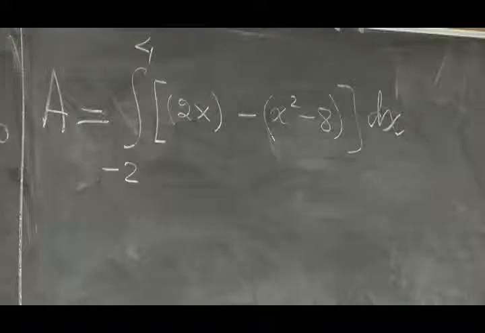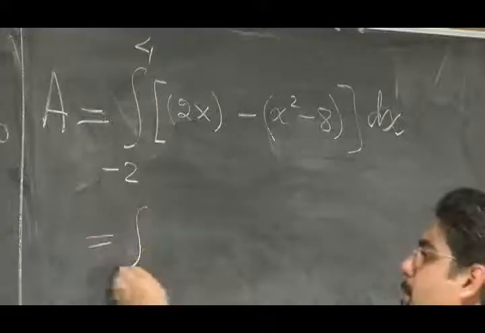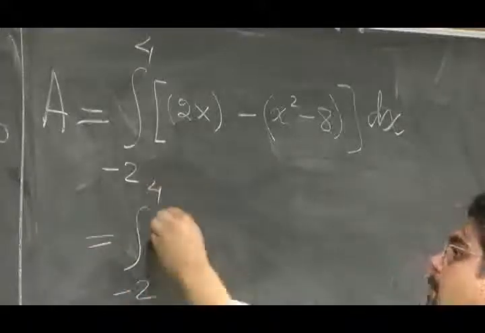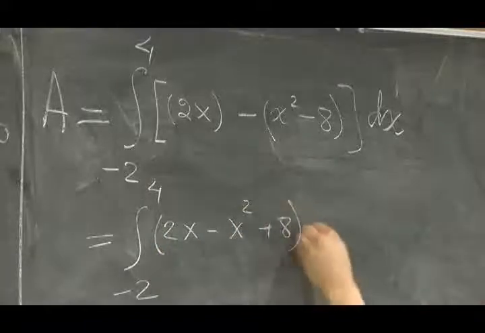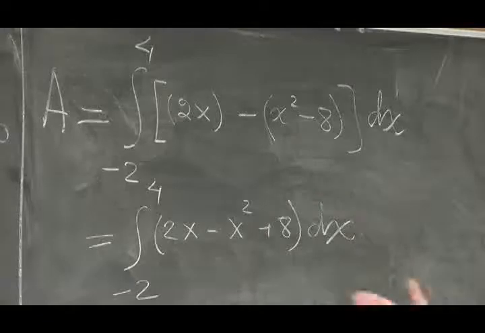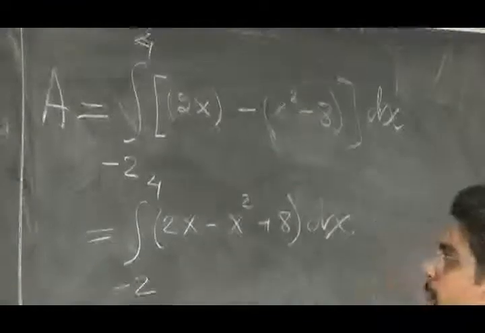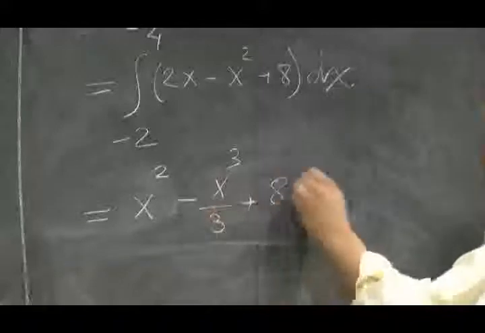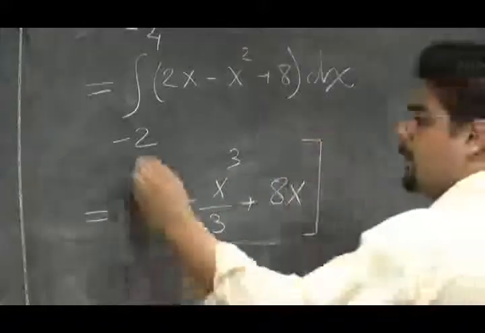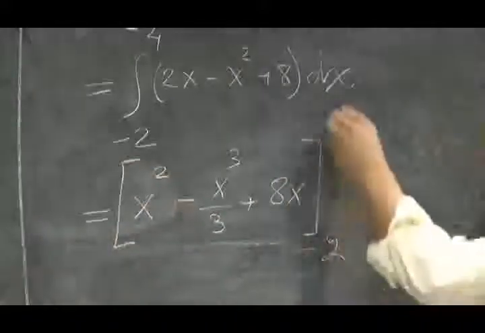I can simplify this: 2x minus x squared plus 8. This is just a polynomial, a set of power functions, so we could integrate this using the power rule: x squared minus x cubed over 3 plus 8x, from negative 2 to 4.